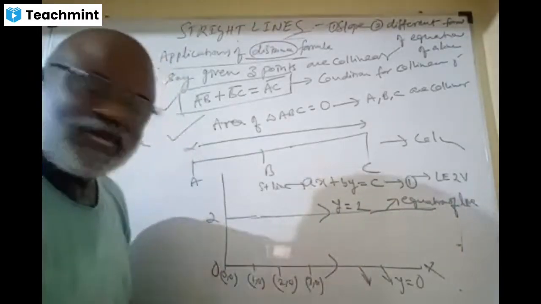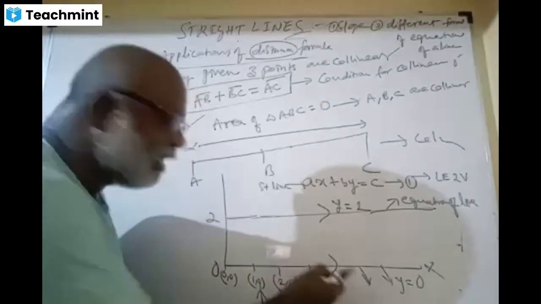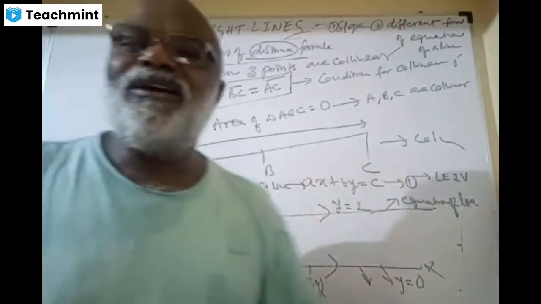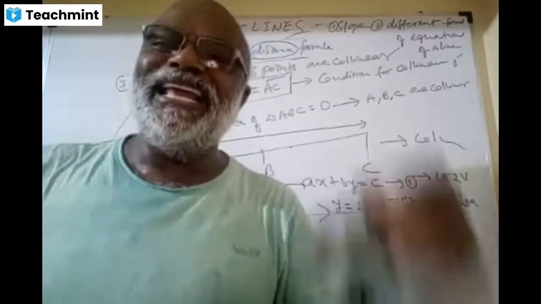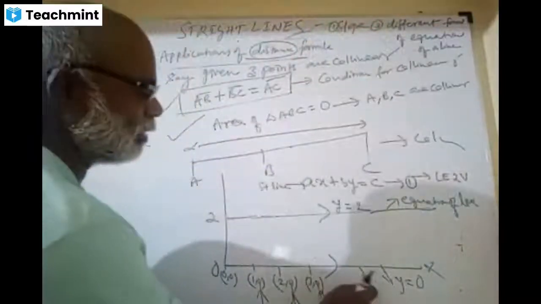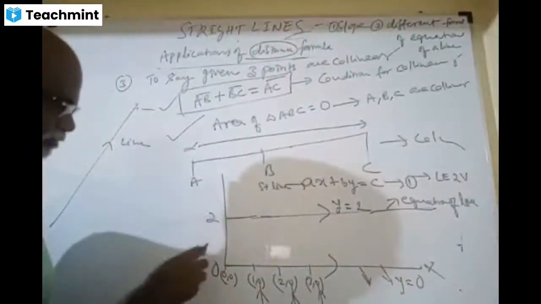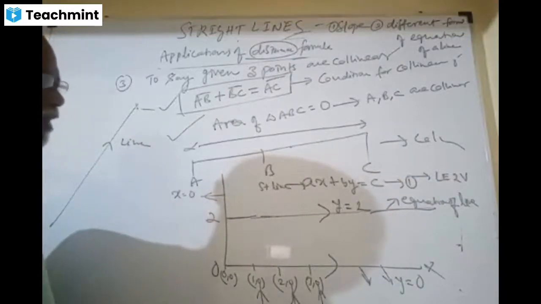You could see something very noticeable here. The y-coordinate is 0. That description is called the equation of a line. These are the simple things noticeable. What about the y-axis? X equal to 0.